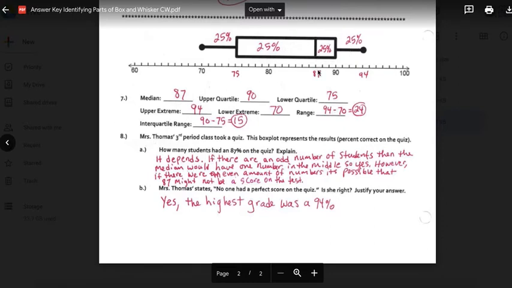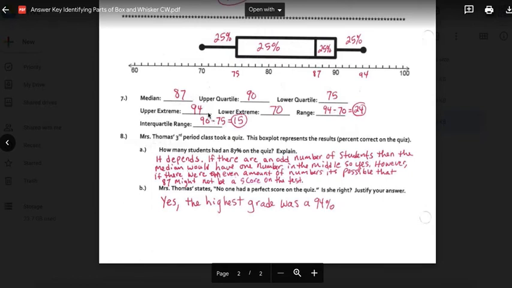The median is 87, upper quartile is 90, lower quartile is 75 right here. Upper extreme is 94. Lower extreme is 70. The range, upper extreme minus lower extreme, is 24. The interquartile range is upper quartile minus lower quartile, which is 15.